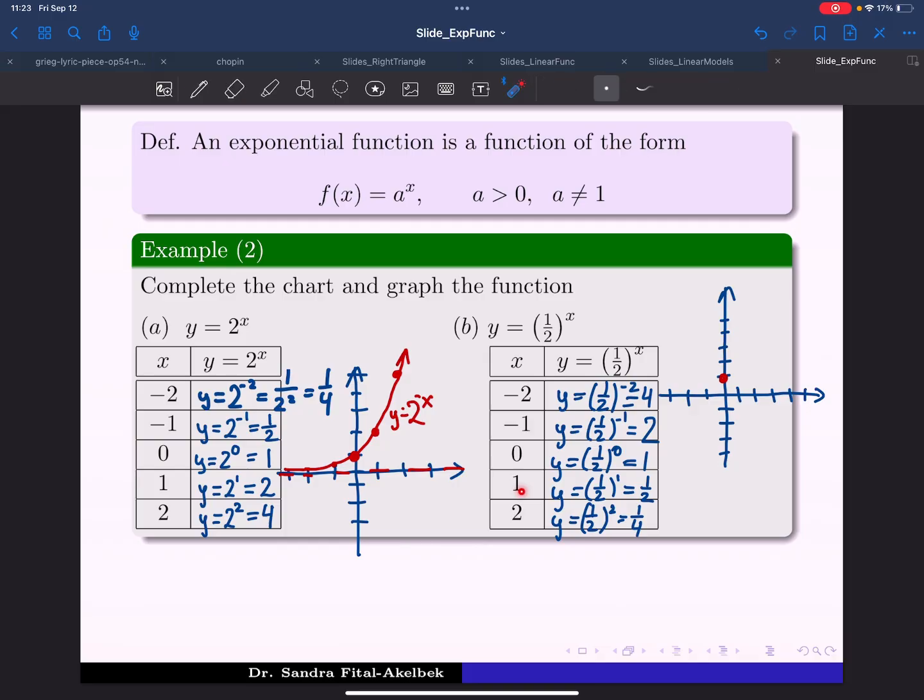Then for 1 is 1/2, right there. For 2 is 1/4. And for -1 is 2. And for -2 is 4.